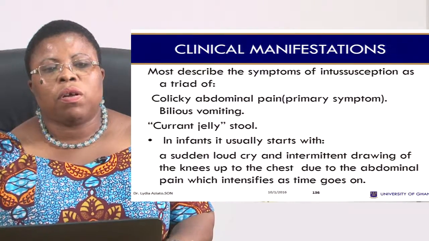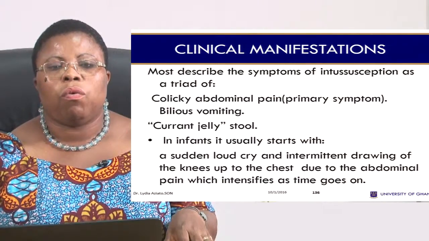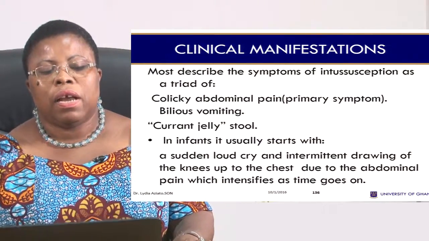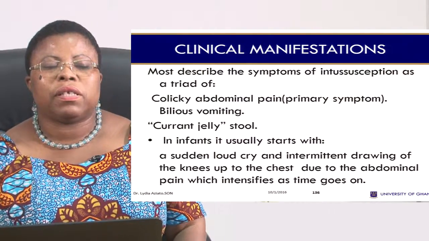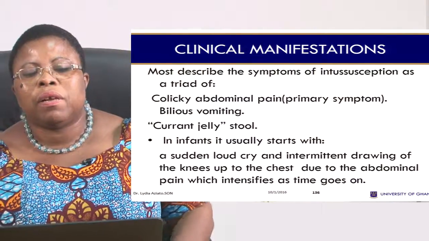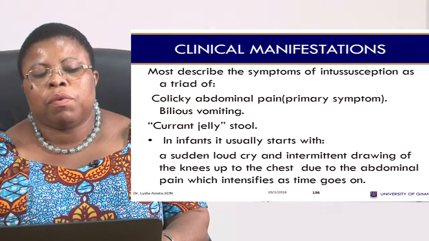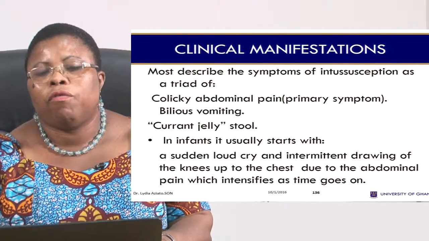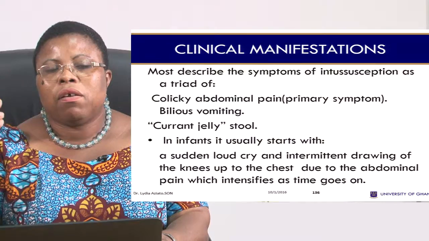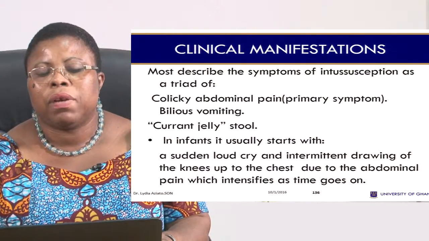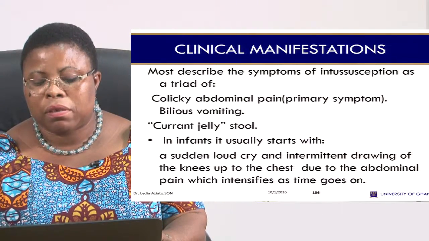And then because of the impairment in the flow of the gastric content, the person can vomit, and the vomitus will contain something like bile because of the obstruction of flow of the contents from the duodenum down. A person can have bilious vomiting.